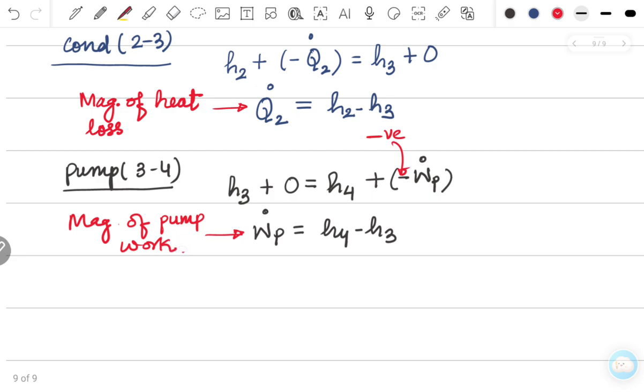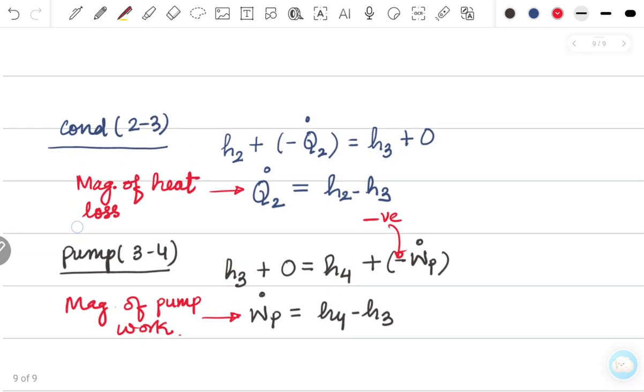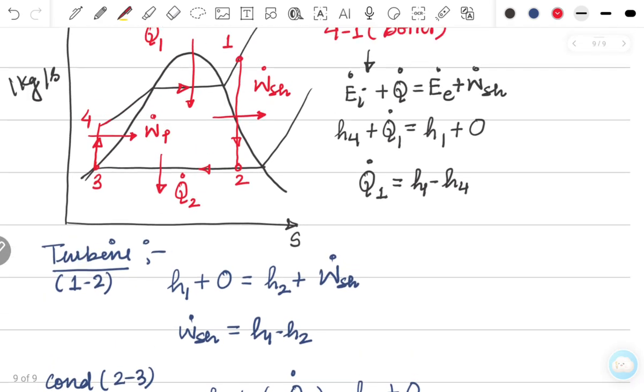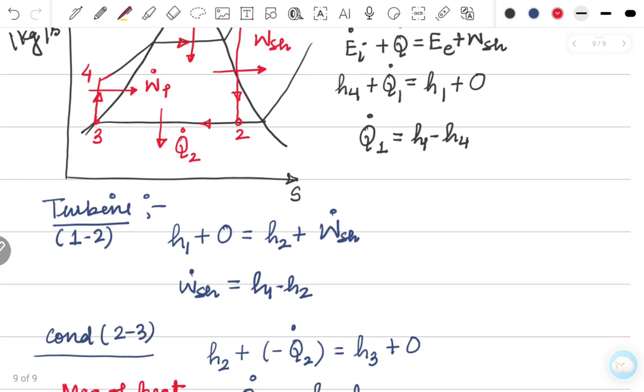Now, in reality, we normally won't have this H4 so readily, we only have the pressure. So what can be done? We can apply the ideal work done in the case of an open system.